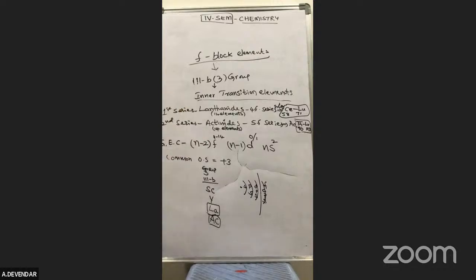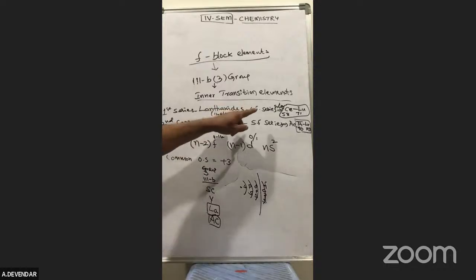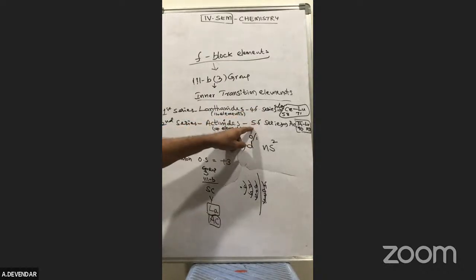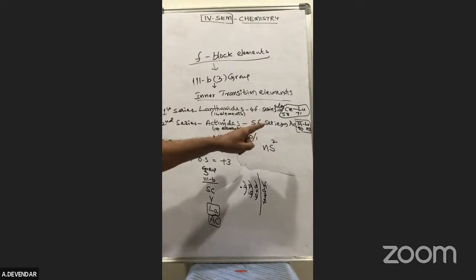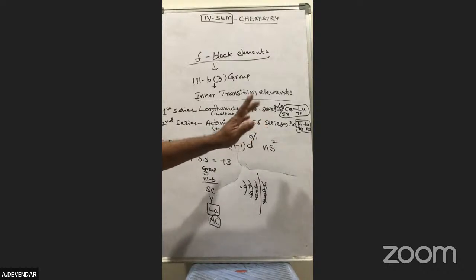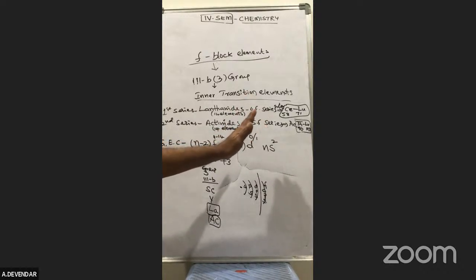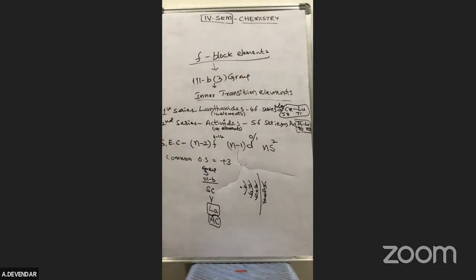Coming to the 5F series. The 5F series is nothing but the actinides. These also have 14 elements, from thorium to lawrencium. Here, cerium to lutetium are non-radioactive elements. But the 5F series, after element 90, are all radioactive in nature.